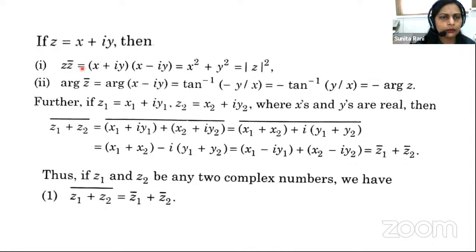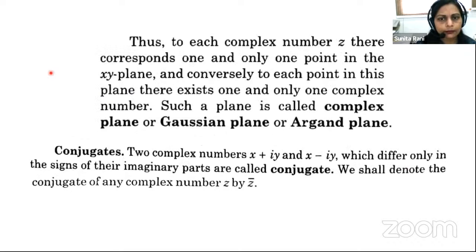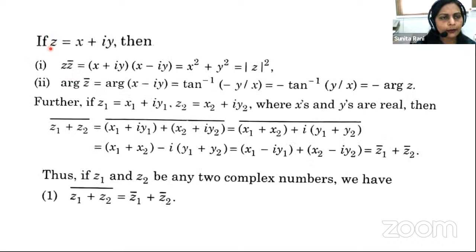And there are some results related to conjugates. If you have a complex number z, x plus iota y, then you can calculate z z bar. Z is x plus iota y, z bar is x minus iota y. After multiplication, we get x square, then minus iota xy plus iota xy cancelled, and the last term is minus iota square y square, which becomes plus y square.